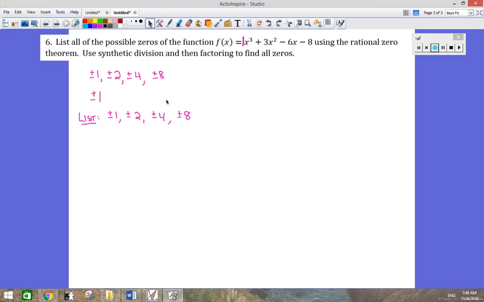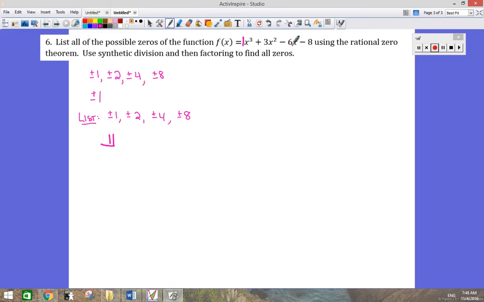We know that on an x-intercept, y is equal to 0, if you're on the x-axis. So if you plug any of these into the function and calculate it and get a 0, then you know you've found an x-intercept. But then after you found it, you'd have to do synthetic division anyway, so I usually just jump right in and do synthetic division in search of a 0 remainder. So I've got 1.